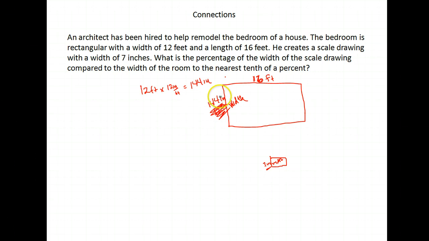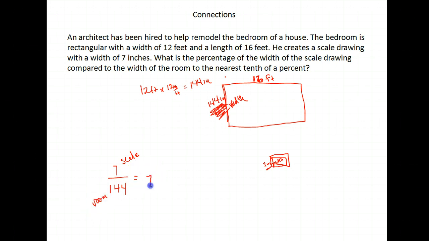So in real life, it's 144 inches for the width of the room, and in this scale drawing that he made, it's 7 inches. We want to know what percent of the size of this, how does it compare? Well, it's 7 compared to 144. You do want to have your scale drawing on top and your actual room on the bottom here.